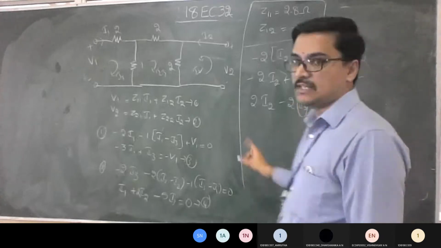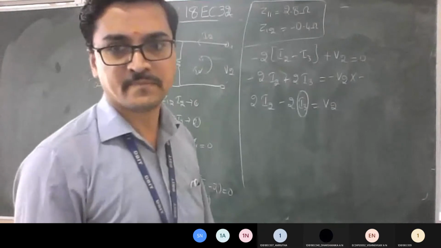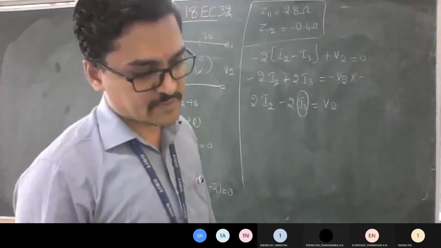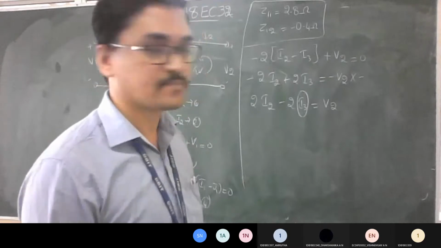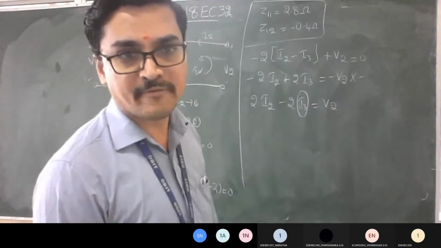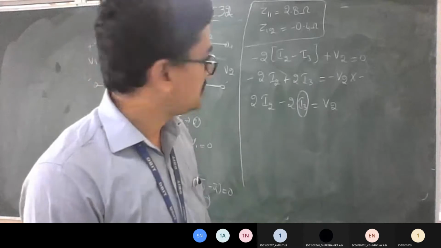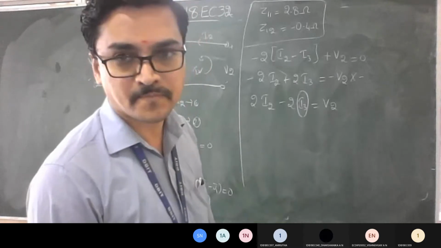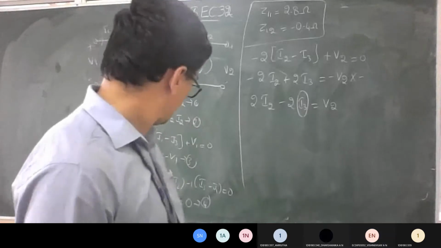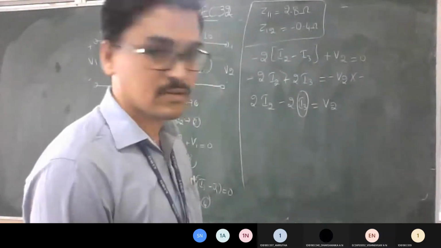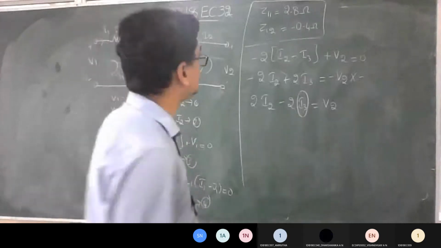So what is I3? Substitute the value of I3 there and tell me the final equation. What was I3 you got here? It's 1 by 5 I1 plus or minus something.